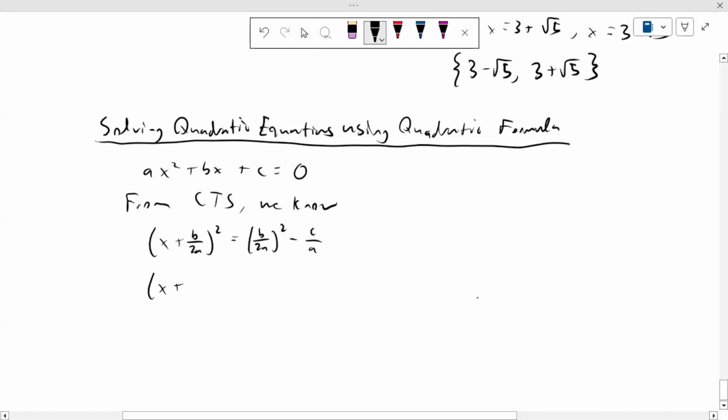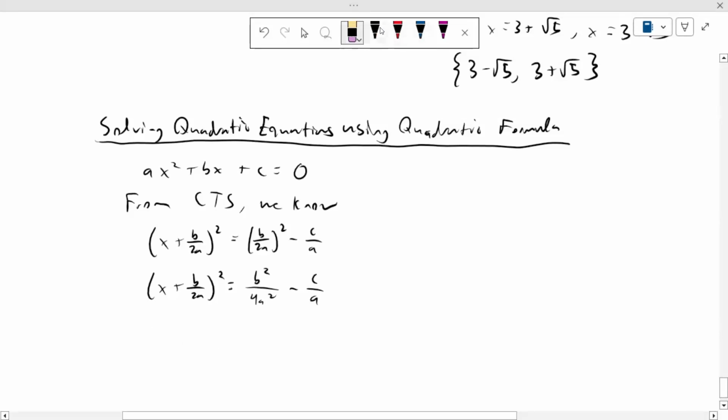So we have x plus b over 2a, quantity squared, is going to be equal to b squared over 4a squared if we were to actually square that out, b squared over 2 squared a squared, minus c over a. And then now I can get a common denominator. Let me try to write a little bit bigger, a little bit neater here.